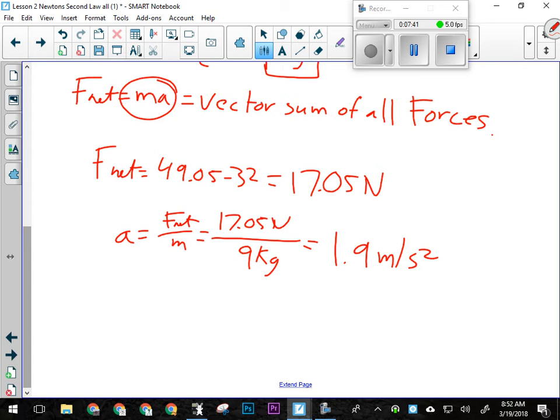Okay, acceleration is a vector quantity, but I'm not putting a vector on that answer. Why not? Right, I calculated the acceleration of the system. And the system has two moving parts that are going in different directions. I cannot give a vector for the acceleration of the system because the parts are different.